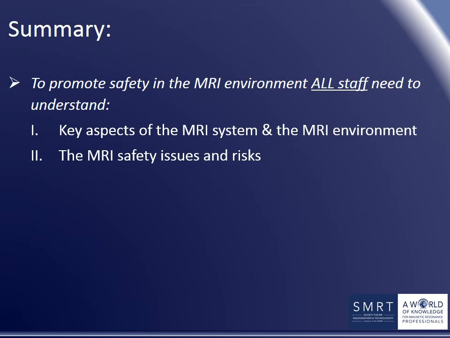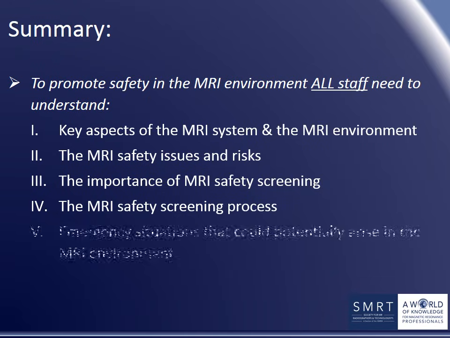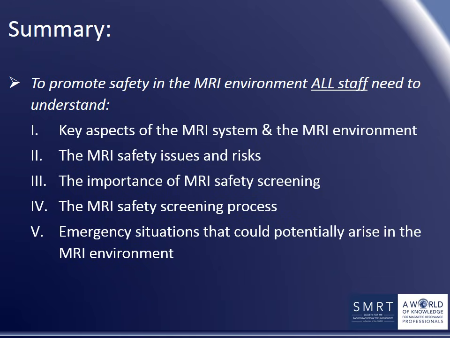The very real MRI safety issues and risks. 3. Staff also need to understand the importance of MRI screening and how to undertake the MRI screening process. Finally, all personnel need to be aware of and adhere to policies and procedures that provide guidelines for emergency situations that can potentially arise in the MRI environment.